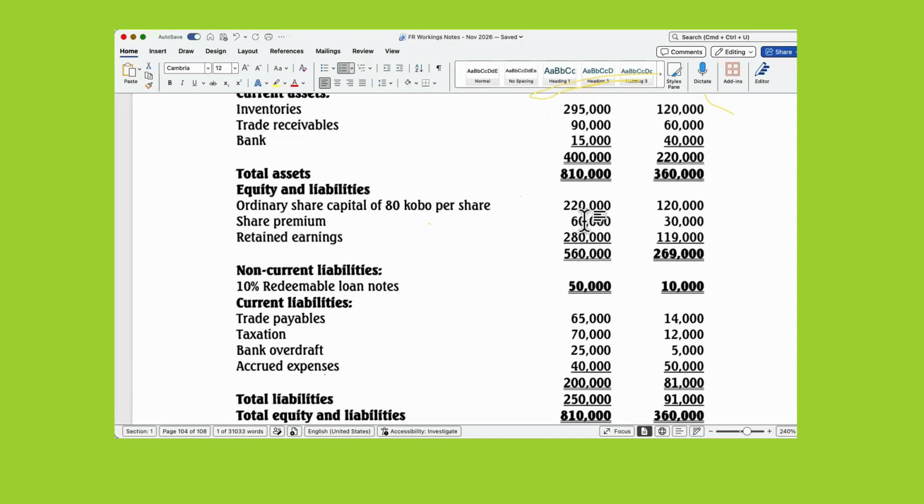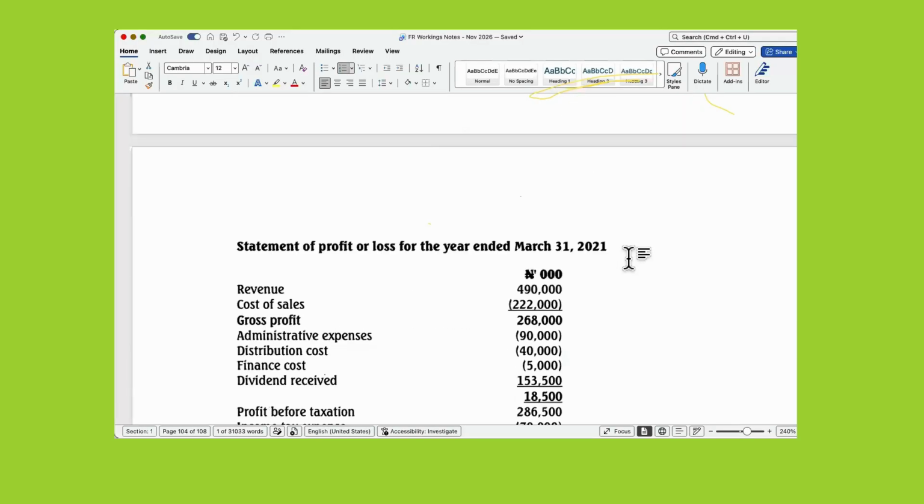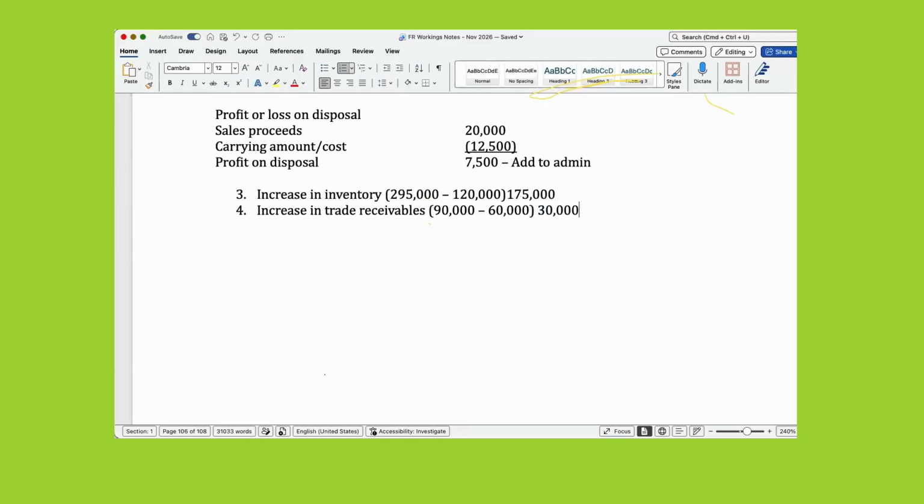Yes, I can easily get the amount of dividend paid, but it doesn't explain movement in share capital. So I'm trying to see what explains movement in this share capital. The only explanation I have here is that it's bonus.